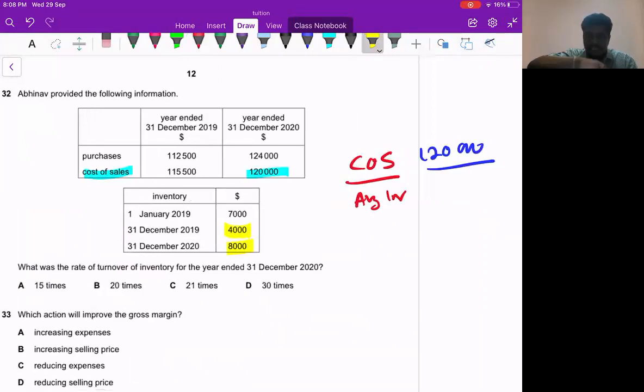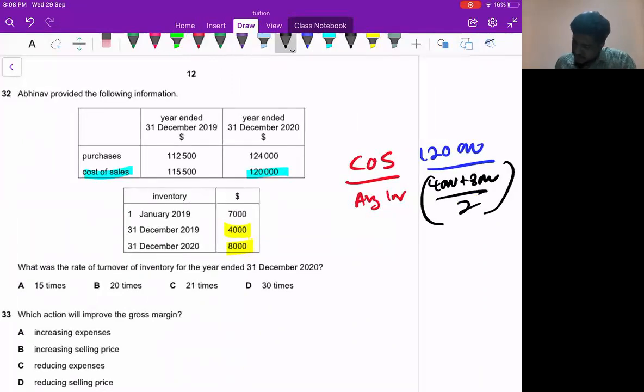Last year's closing inventory becomes this year's opening inventory. So 4,000 plus 8,000 divided by 2 is 6,000. So 120,000 divided by 6, I get 20. The answer is B. Last year's closing balance becomes this year's opening, and this is this year's closing.